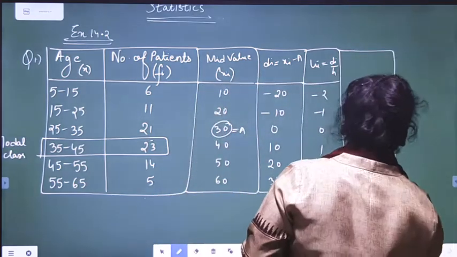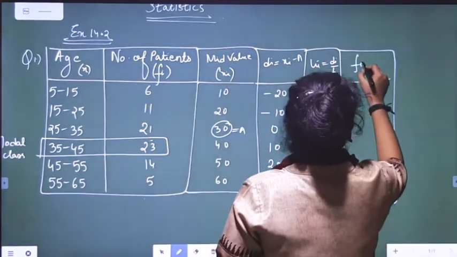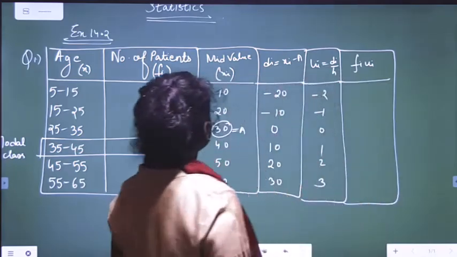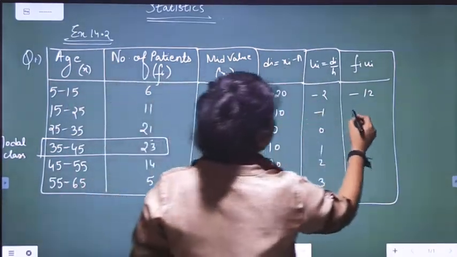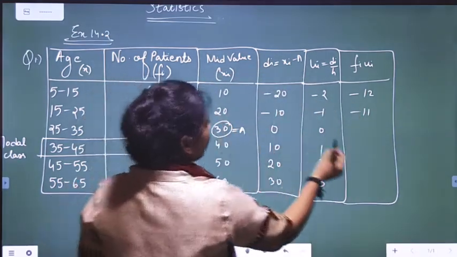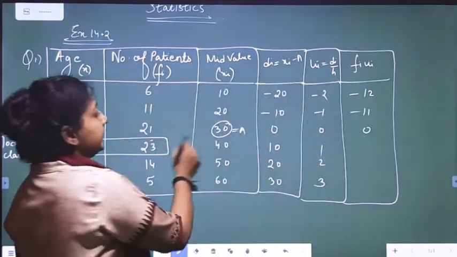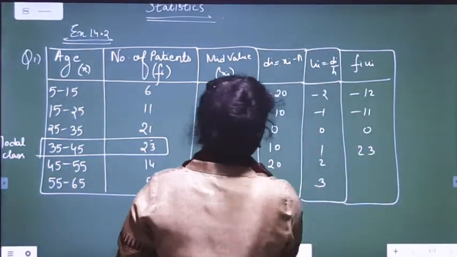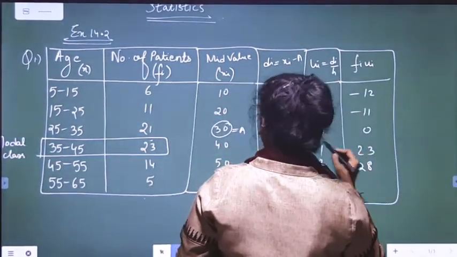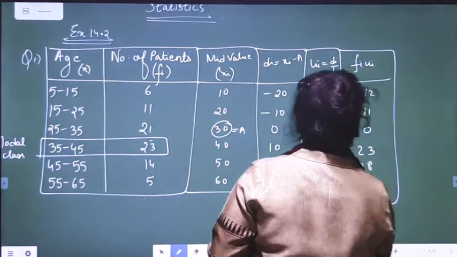In the next step we will be multiplying fi and ui. See, fi ui. So this is minus 12, 11 into minus 1 is minus 11, 21 into 0 is 0, 23 into 1 will be 23, 14 into 2 is 28, 5 into 3 is 15.